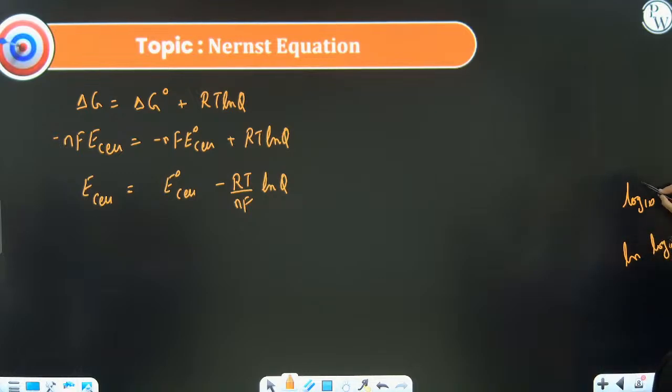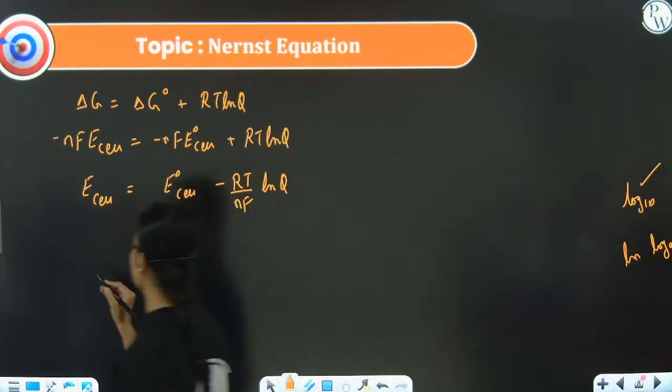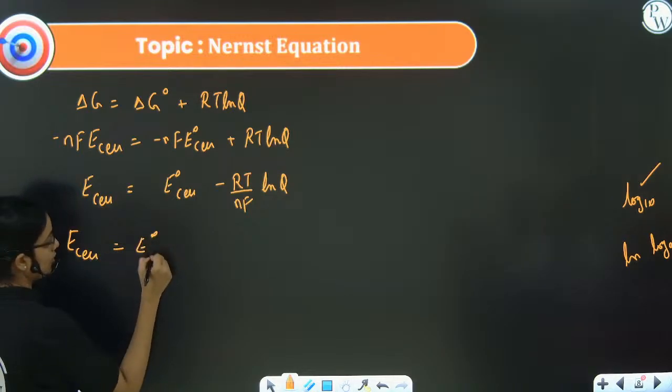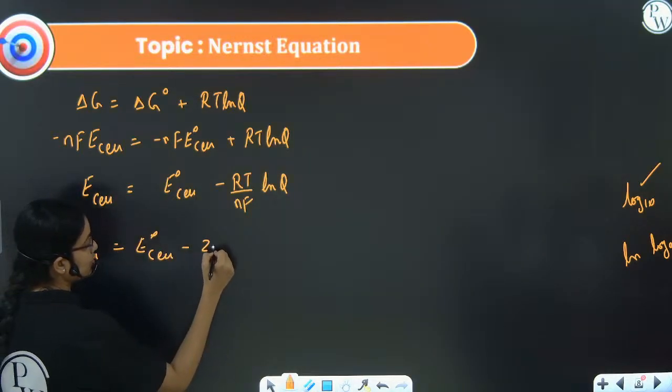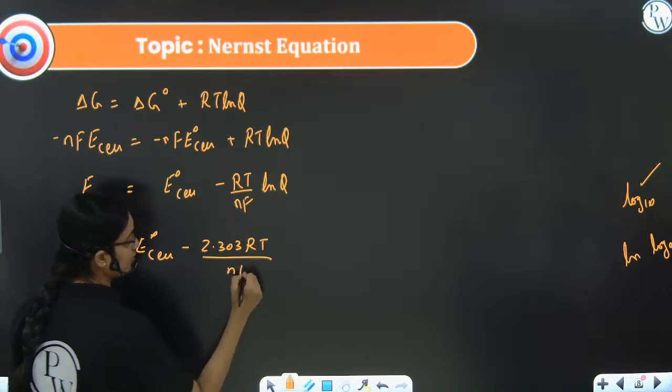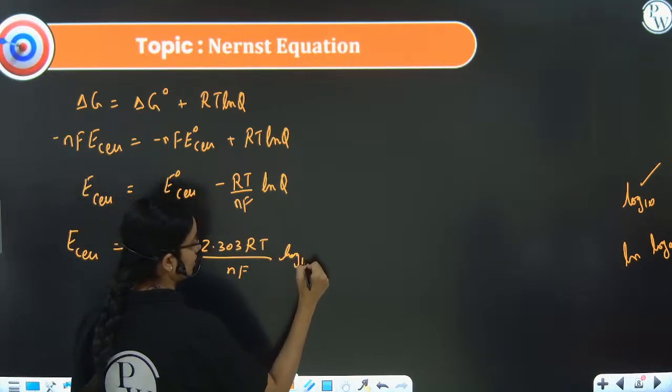To convert it, we have E cell as E naught cell minus 2.303 RT upon nF log Q.